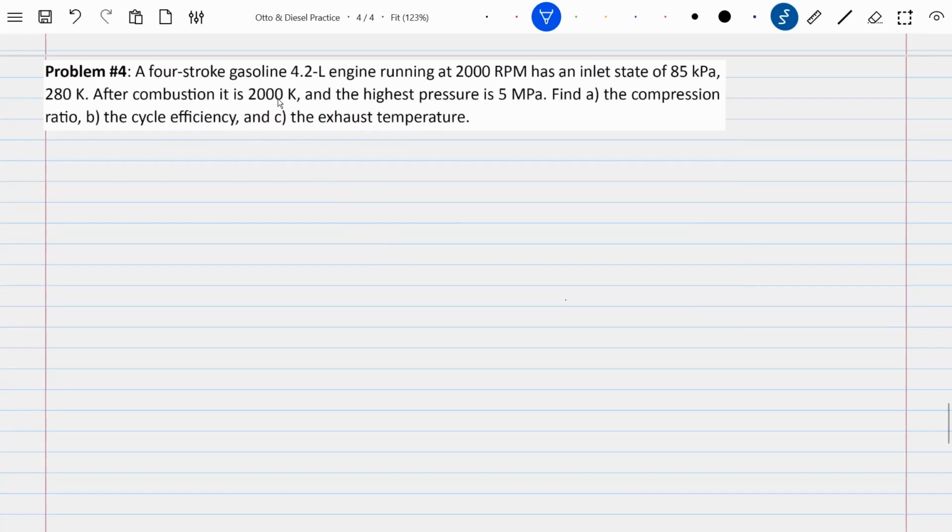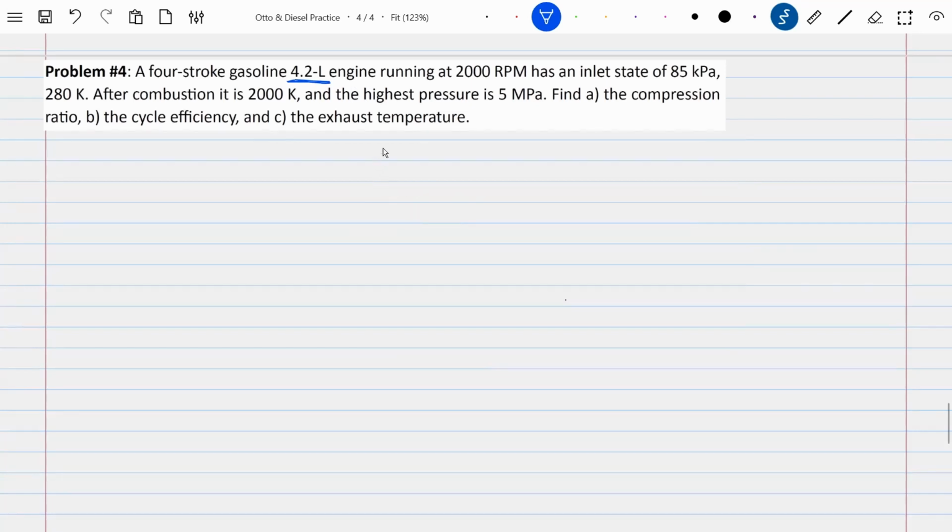Now, before we even start, I just want to draw your attention to how we refer to engines in general. For example, here you see that we have a gasoline 4.2 liter engine. Now, 4.2 here refers to the displacement volume of the engine. Generally speaking, when you see a number like this in a car's catalog, 4.2 liters is not the volume or displaced volume of a single cylinder.